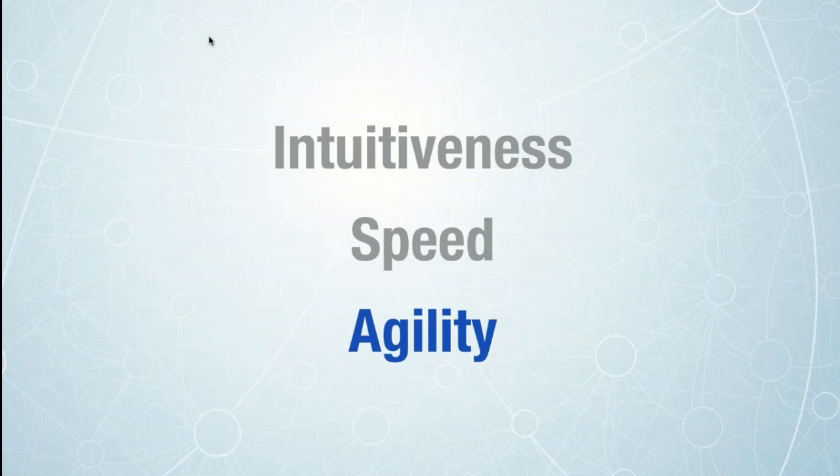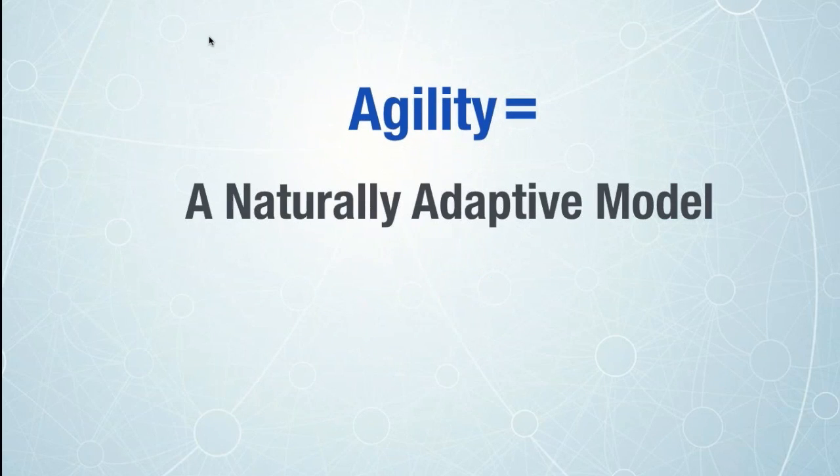And finally, we'll look at agility. We've already talked about the way in which the graph can evolve and adapt. As you extend the scope of your system, it's very easy to include more data, more functionality, more business concepts just by adding new elements to the graph.